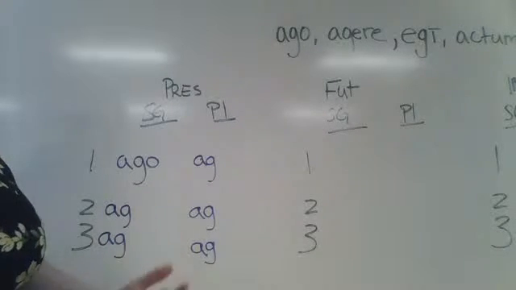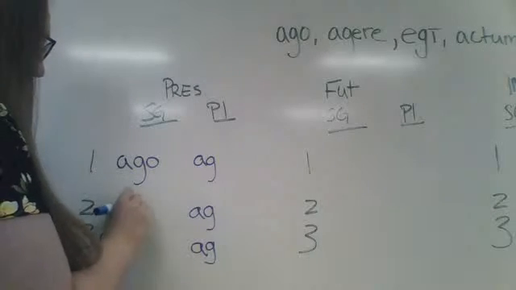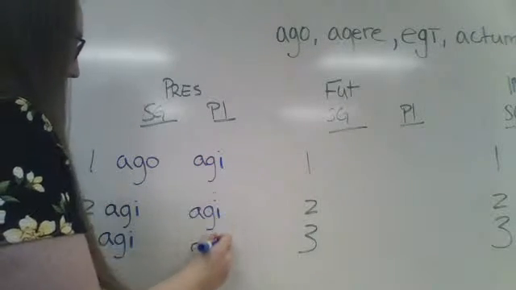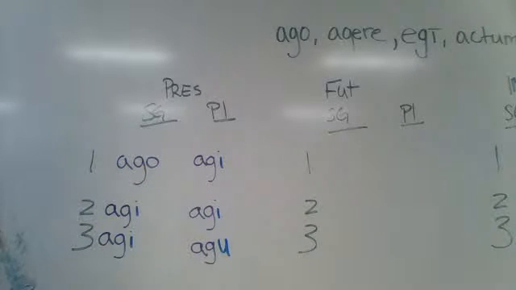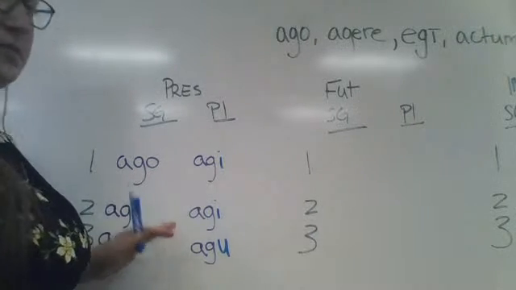It's a weak E. And so that E gets replaced by an I and a U. So in the third conjugation present tense, in the stem, the E gets replaced.